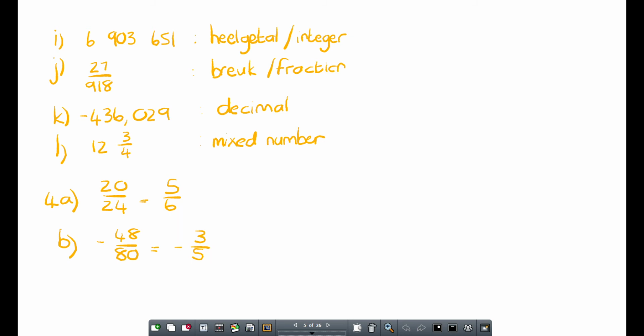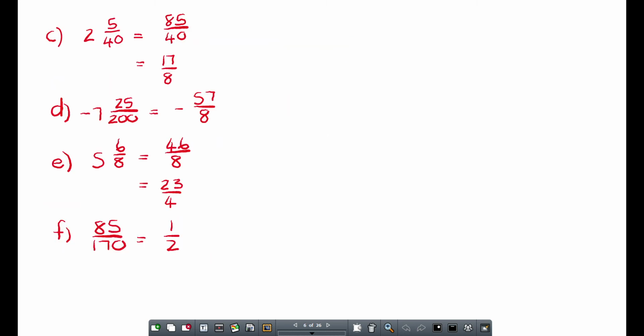Done. Okay. C, I first had to write that mixed number as an improper fraction, so I made that 85 over 40, and that would be 17 over 8. Or maybe some of you said 2 and 1 over 8. That would still be correct.